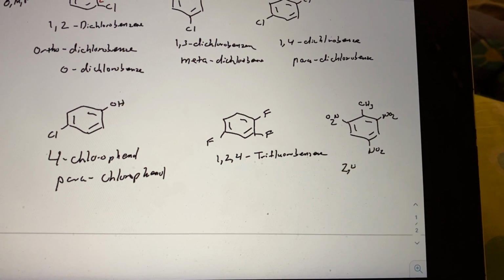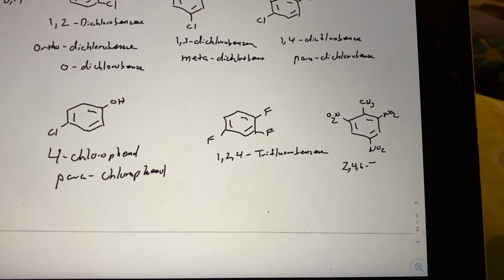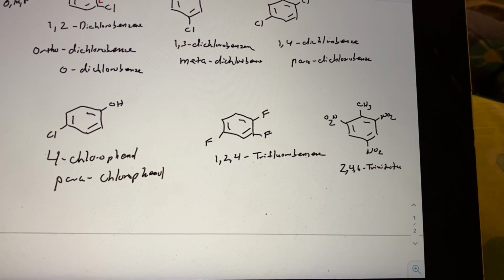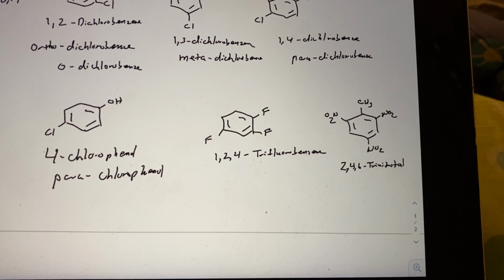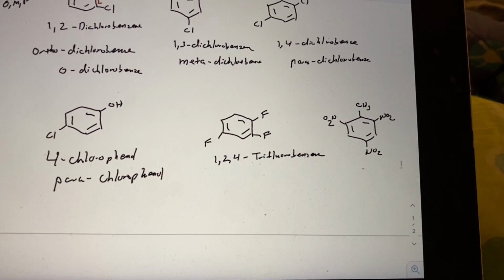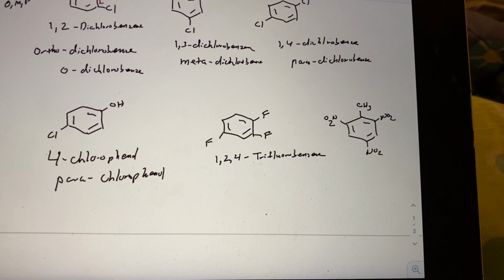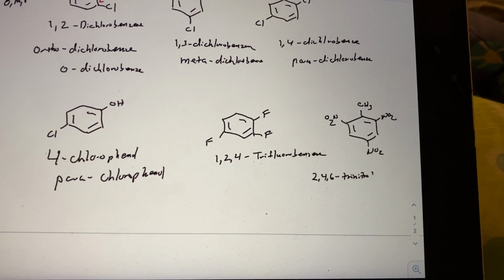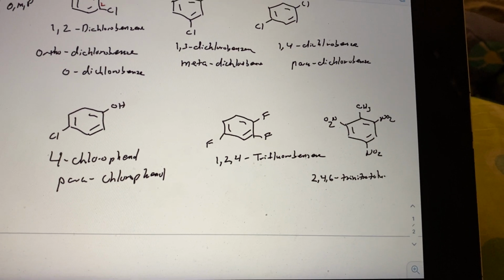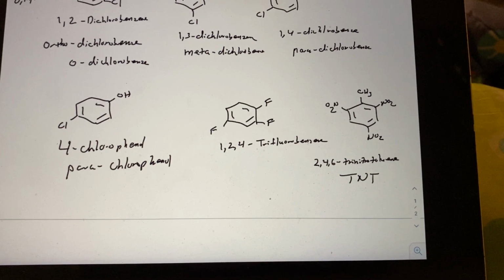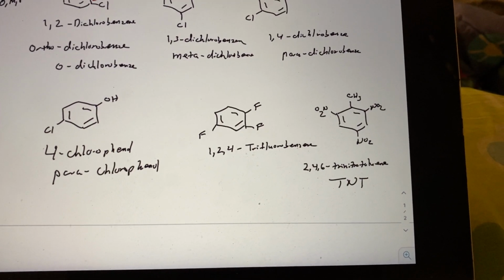So this would be 2, 4, 6 trinitro. I didn't save enough space. I'm going to really squeeze it in here. Here, I'll write it larger down below. 2, 4, 6 trinitrotoluene. Or you may have seen this abbreviated as TNT for short. So it's going to be one of our aromatic compounds.